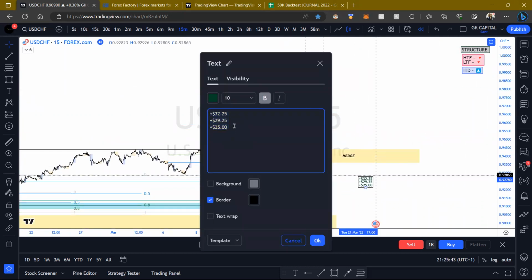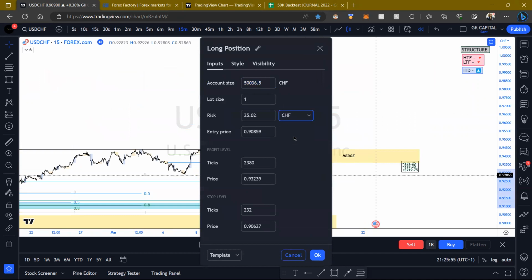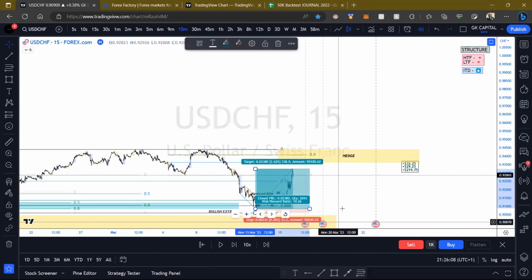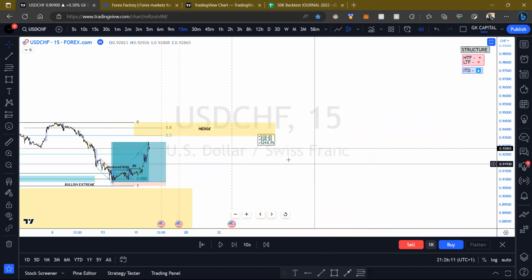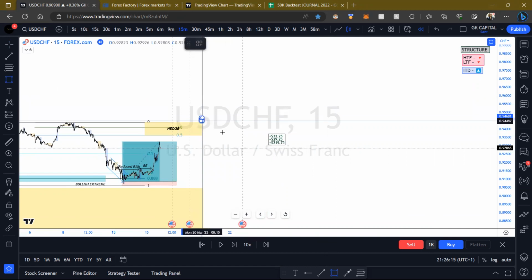So we've got 219.75. All right, and then we have 25% left in this. So we've got $6.25 left in this. Okay, and again, as I said, I will be looking for something in here. See if we can get into that hedge.